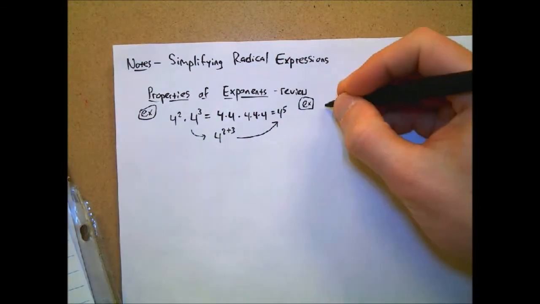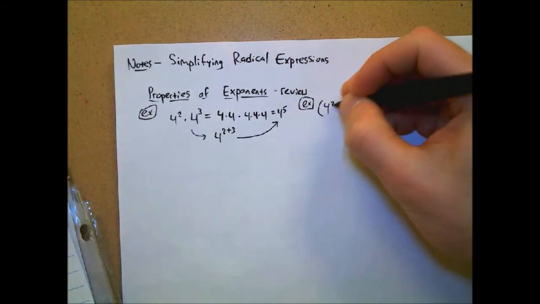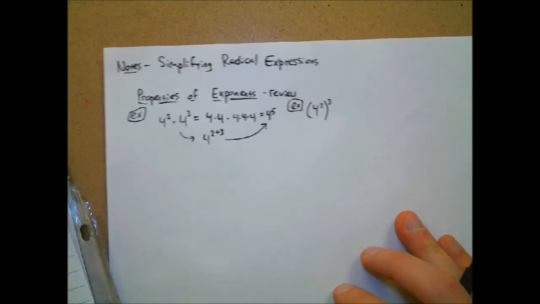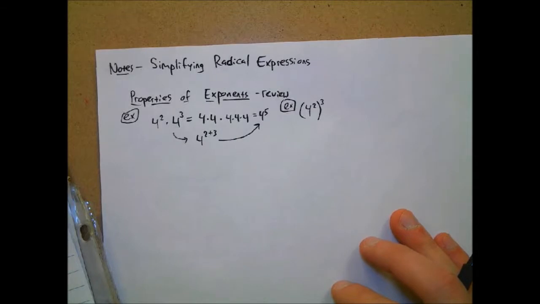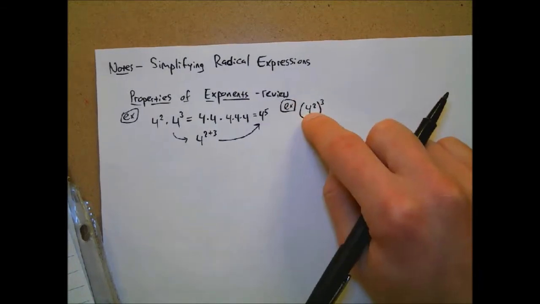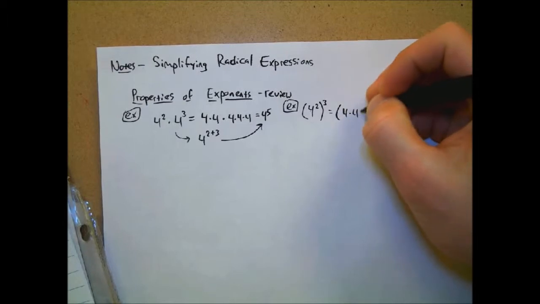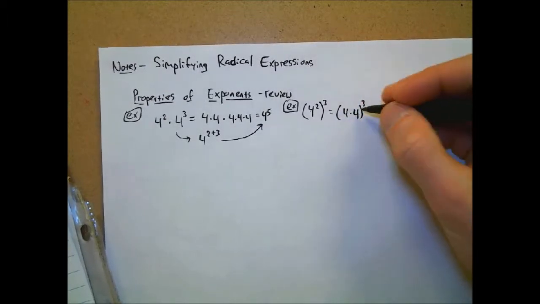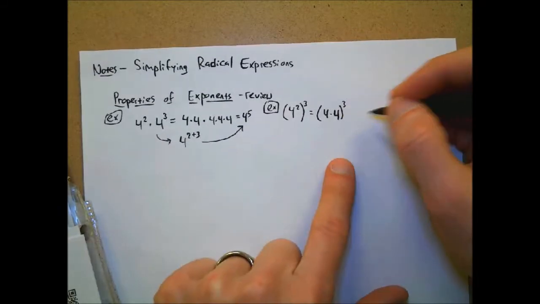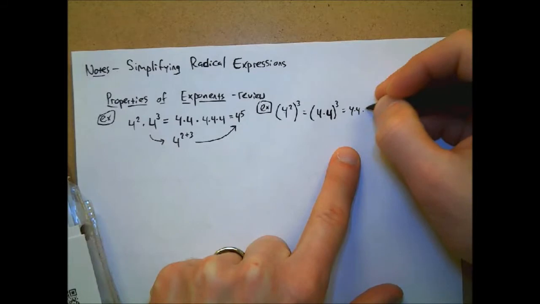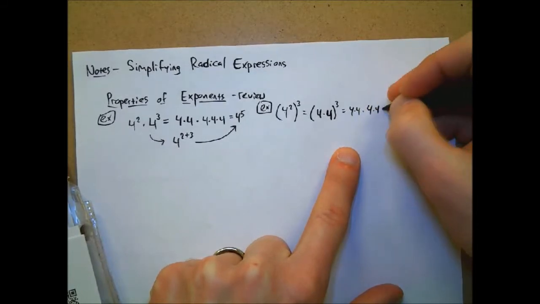Now let me change it up a little bit. Let's say I have 4 squared to the third. What did 4 squared mean again? 4 times 4. But I'm cubing that 4 times 4. So I'm going to have 4 times 4 times 4 times 4 times 4 times 4.